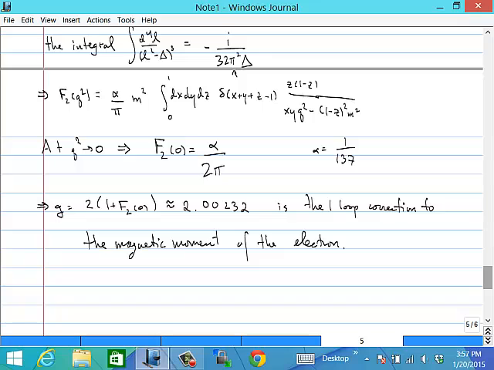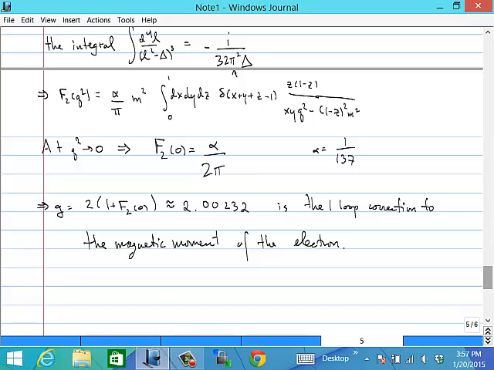It turns out that this QED correction to the magnetic moment has been done up to 4 loops in quantum electrodynamics. 4 loops might not sound like much, but it's actually an incredibly difficult calculation.